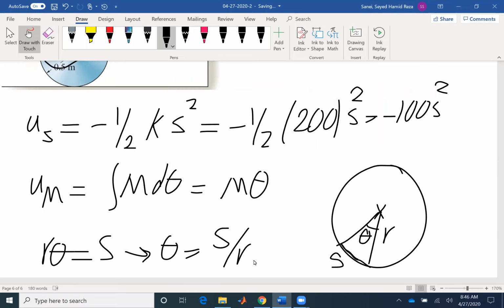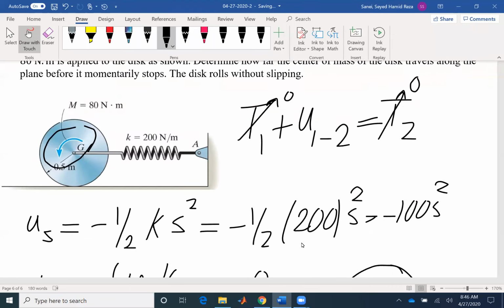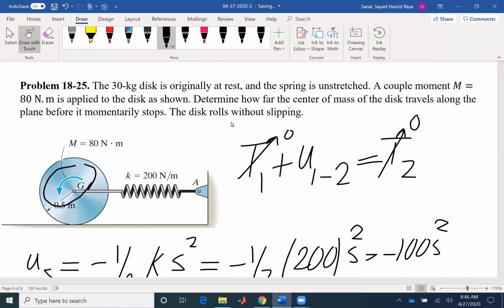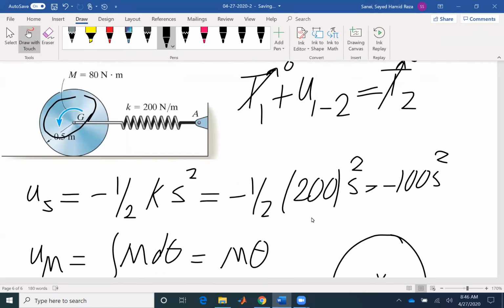And I know the radius of the disk. This r theta equals s is only valid for rolling because the distance depends on the rotation. It doesn't have any translational component. The problem specifically indicates that we have rolling without slipping.